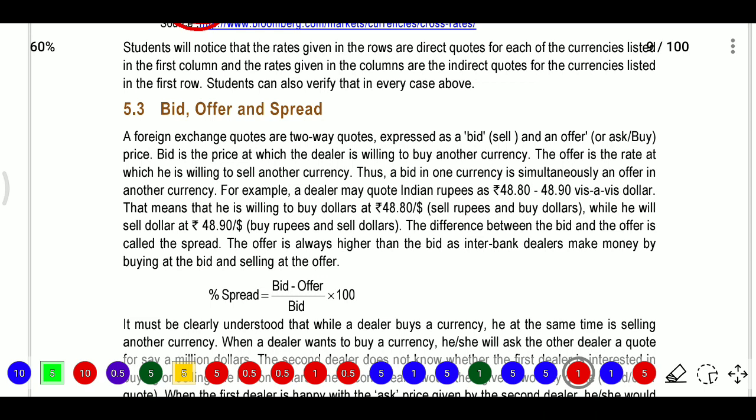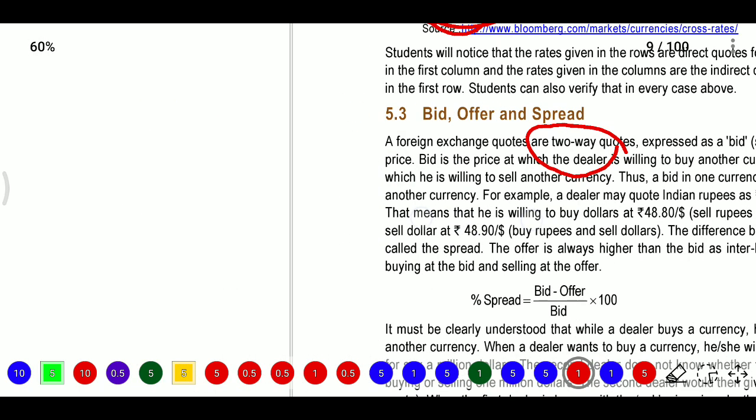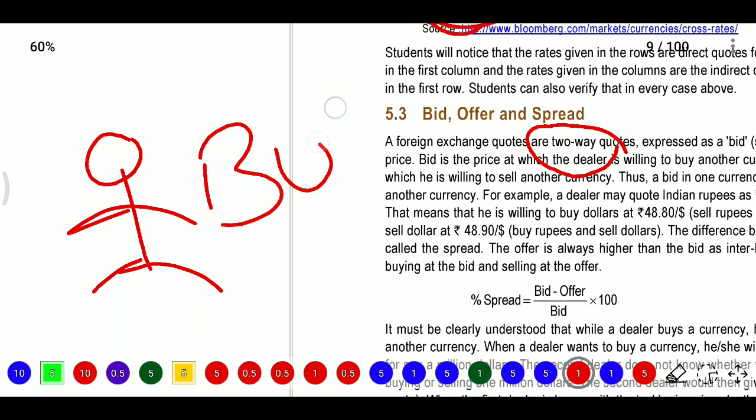Foreign exchange quotes are two-way quotes, so they give two rates, expressed as bid and offer. Offer means ask or sell rate. Bid is the price at which the dealer is willing to buy another currency.